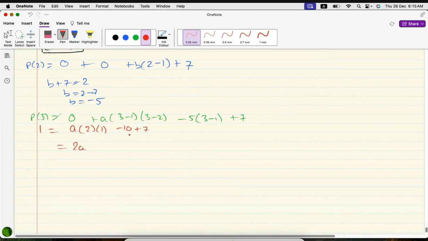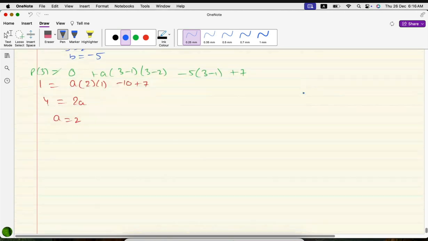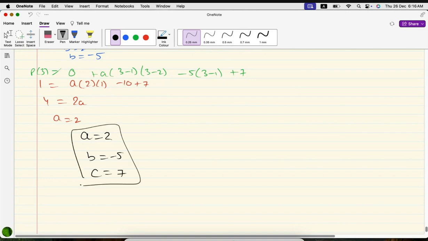And 7 minus 10 is minus 3, goes on the other side, 4 equals 2a. So a is 2, b is minus 5, and c equals 7.